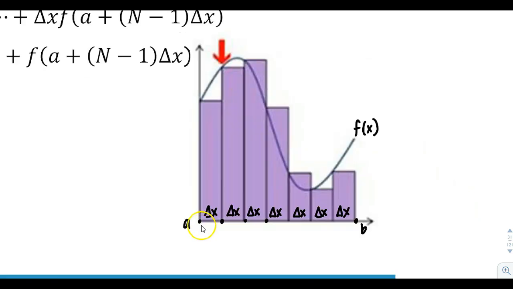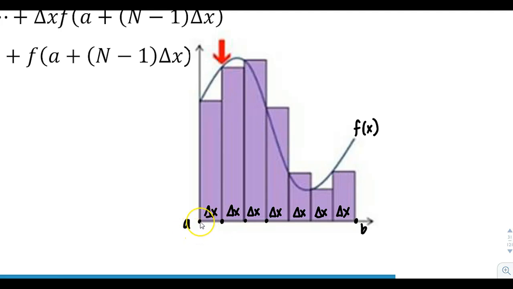Here I can see that my left endpoint is a, my right endpoint is b. Each of these widths is generically delta x. I have my function f of x. Now this first point is generically going to be represented by the value of a, whatever it is, plus this width delta x.